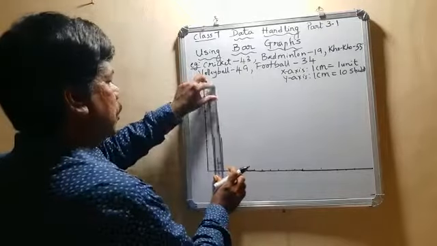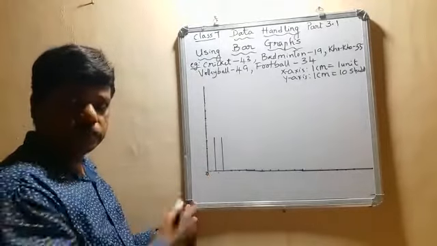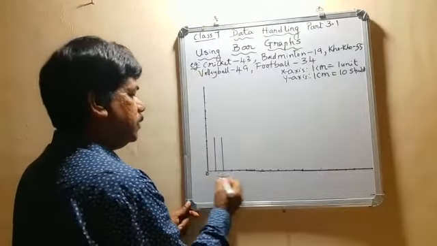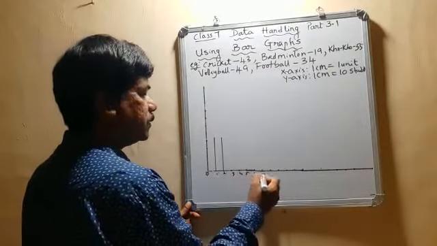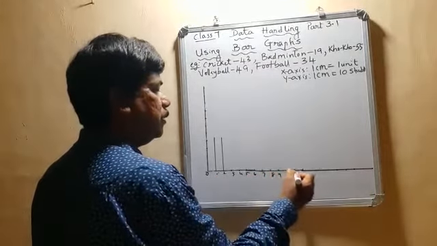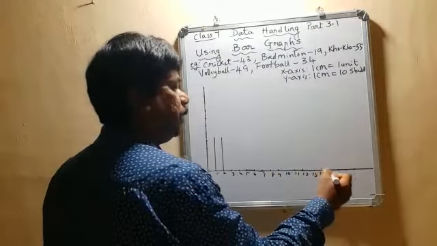A bar is drawn like this. This is usually 0, the origin. So this is 1, 2, 3, 4, 5, 6, 7, 8, 9, 10, 12, 13, 14, 15 and so on.